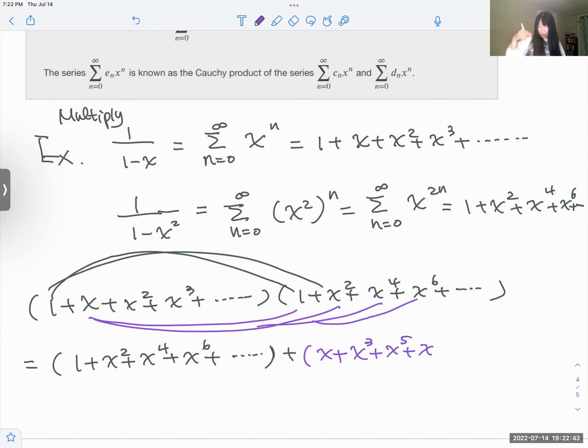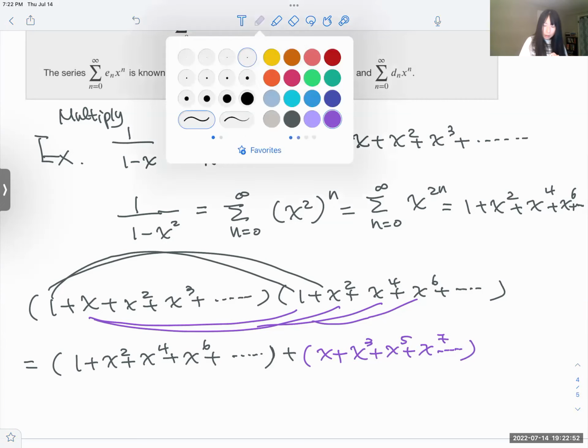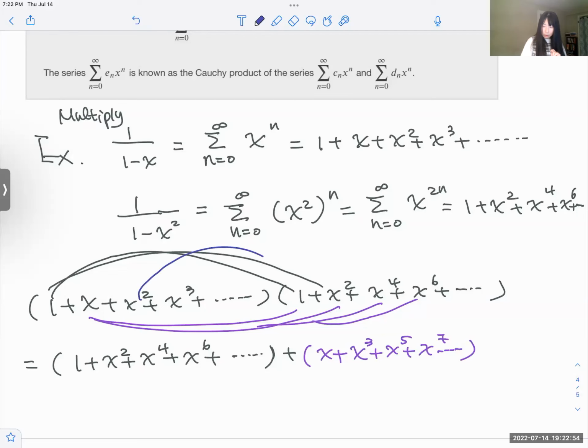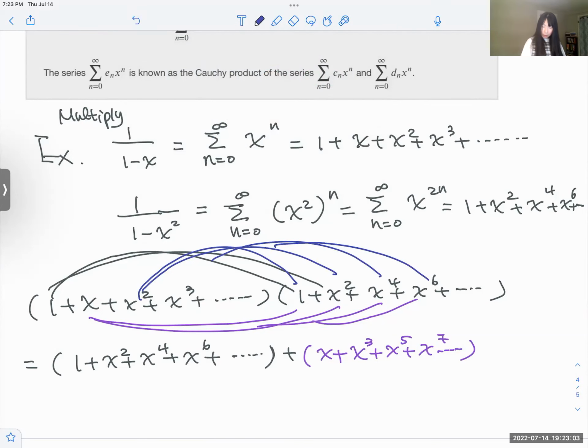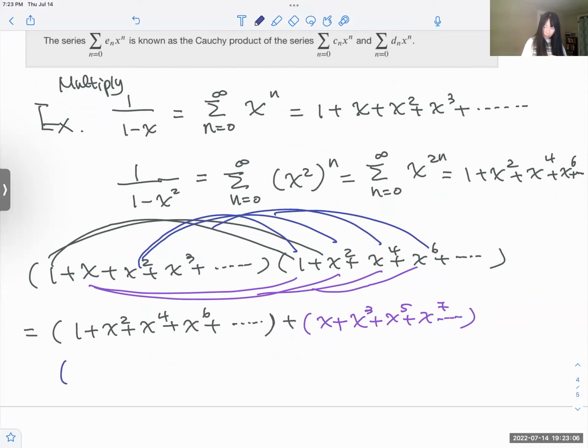So basically 1 increases the power, so 7. Then we multiply this one. Nothing special. So plus x squared plus x to the fourth power, plus basically increase by 2 for the power. Okay, what we see, x to the third power, we do that.